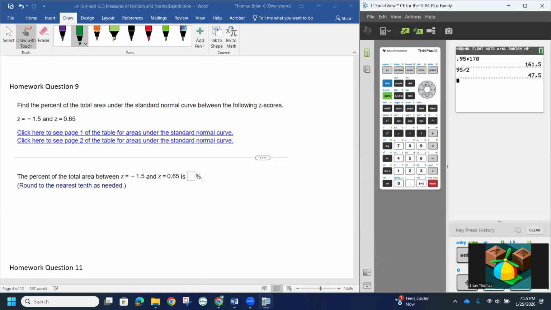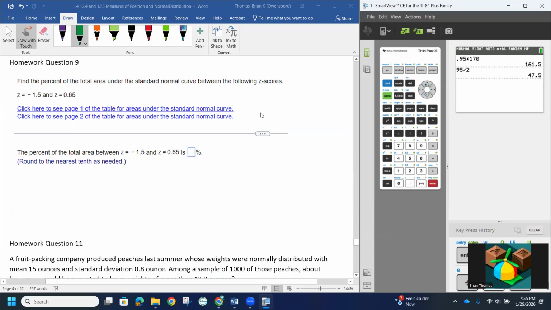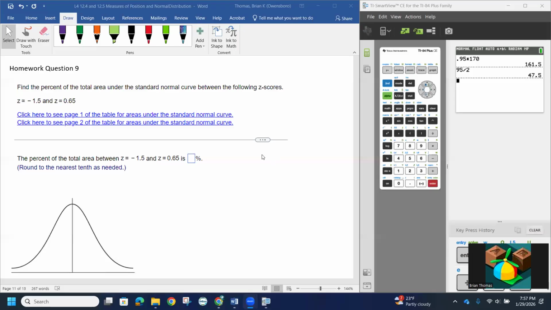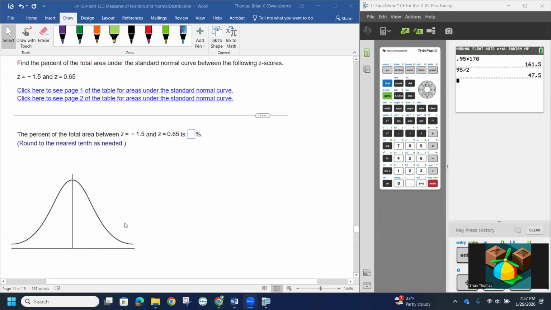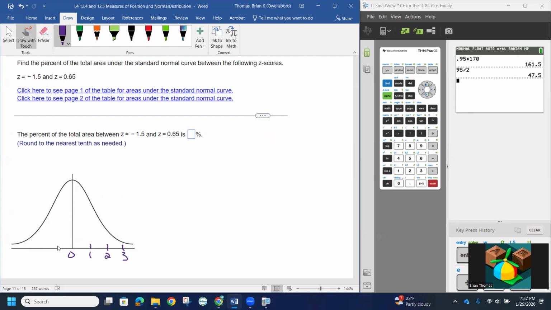It says find the percent of the total area under the normal distribution curve between the following z-scores. Let me pause for a second. It's a good idea to have this z curve out here as well. Remember, here's zero, one's here, two's here, three's over here, then negative one, negative two, negative three.